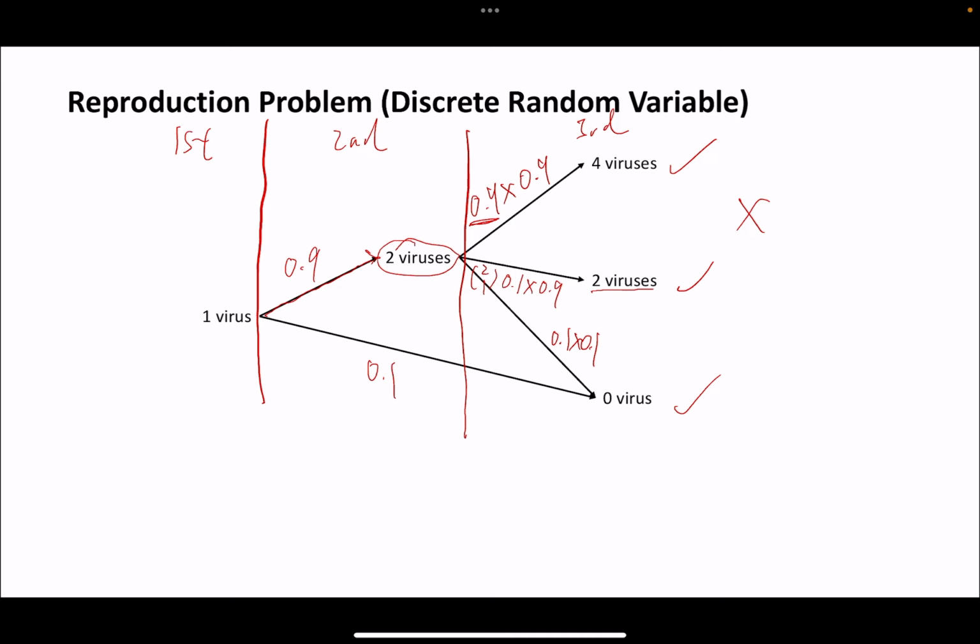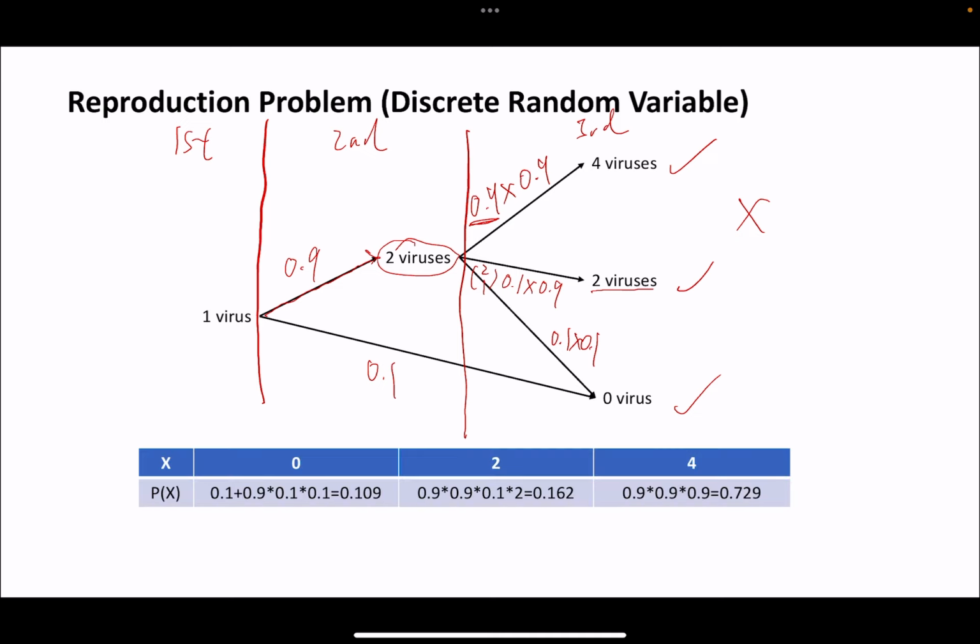Hence, we can just populate the PMF for this particular random variable. Let X denote the number of viruses at the third generation. Then we can easily populate this PMF table as the answer for this problem. First, when X equals 0, there are two possible scenarios. The first scenario is that the first generation virus dies immediately, which has 0.1 probability.